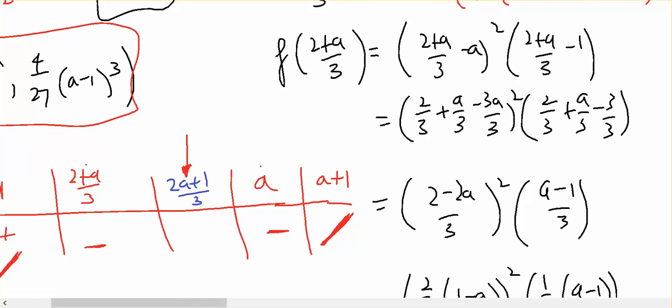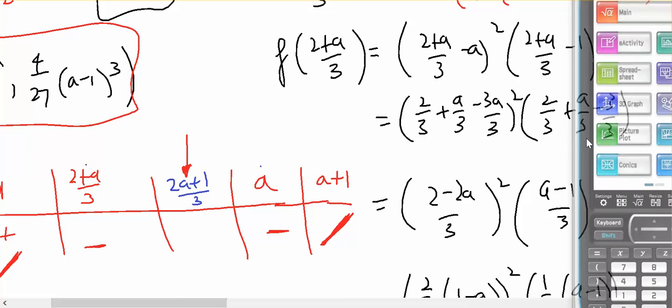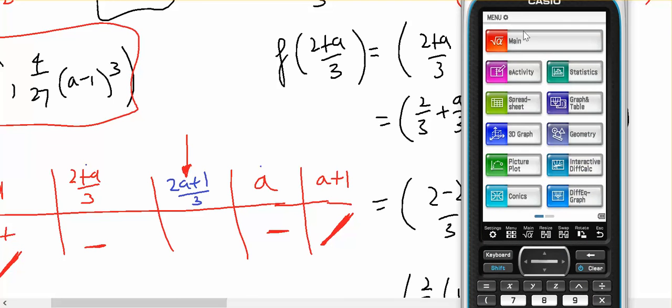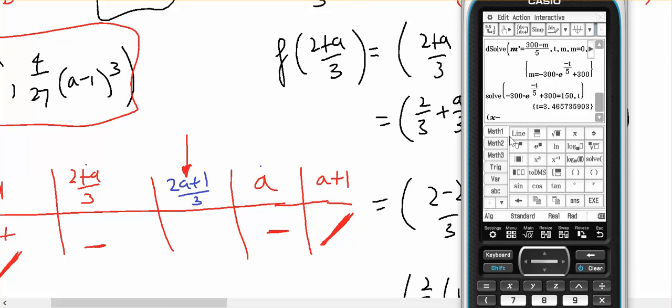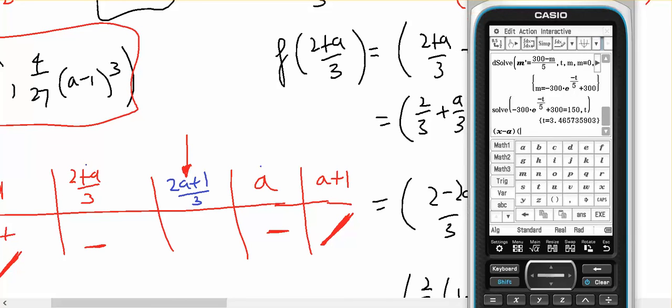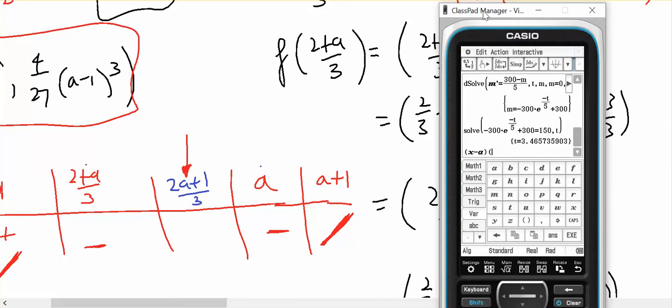Now you can see why this is really a calculator question, and I might now bring up my calculator to find out what that is. So I know my derivative is going to equal (x minus a) and open bracket, forgotten it, x, that's squared minus 1.